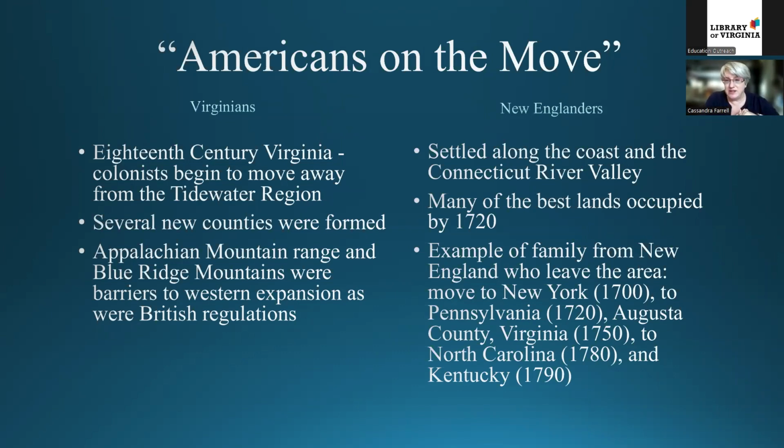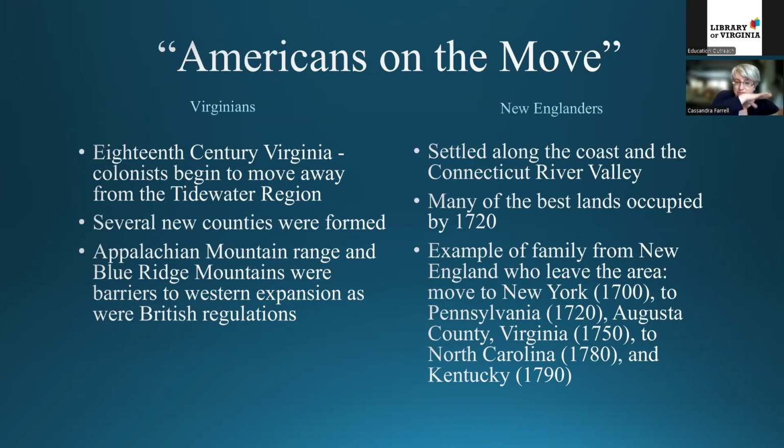Settlement in 17th century Virginia was within the Tidewater area. In fact, throughout the colonial period, most colonists lived close to the water and to the Atlantic Ocean. You start to see new counties formed in Virginia in the 18th century as Virginians start to move westward.